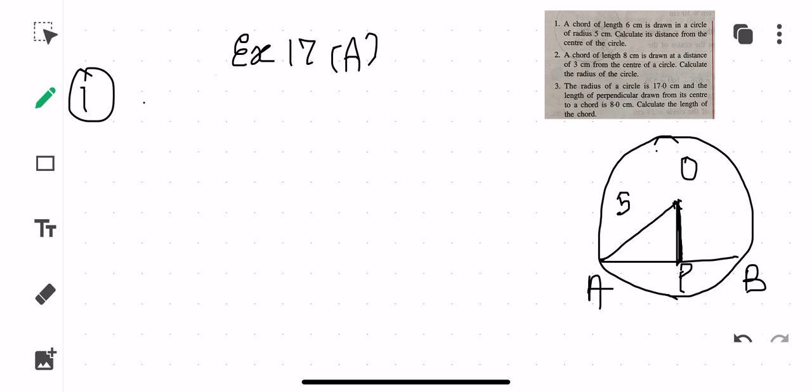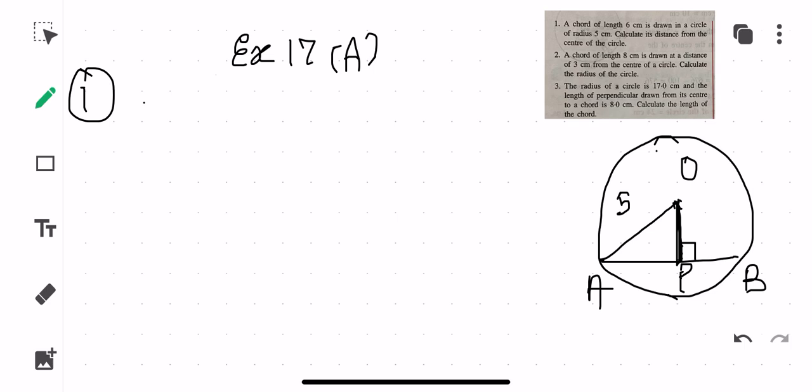Okay, so for example, here you will be writing that, see, they have given calculate the distance from the center of the circle. So you have to remember one thing, children, that whenever you talk about distance, it means you are talking about perpendicular.